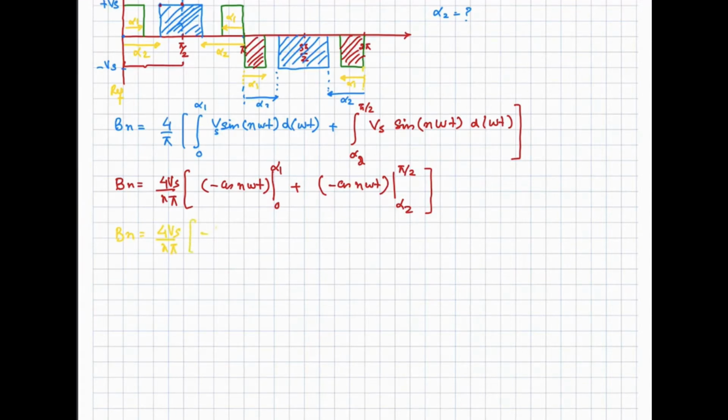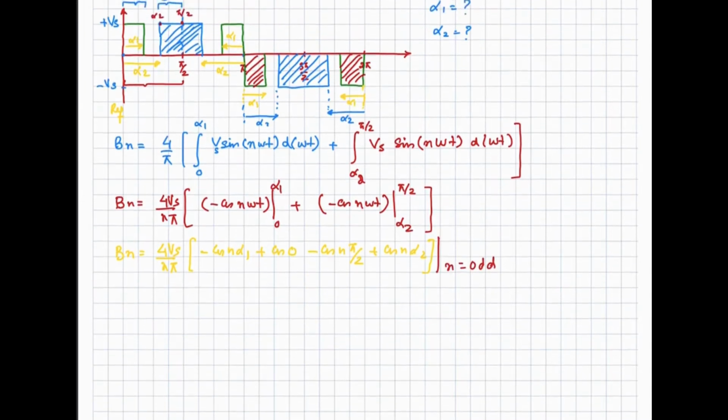into minus cos of n alpha 1 plus cos of 0, minus cos of n pi by 2 plus cos of n alpha 2. And over here the n will be an odd number, because when there exist the quarter wave symmetry and the half wave symmetry, only odd harmonics exist.